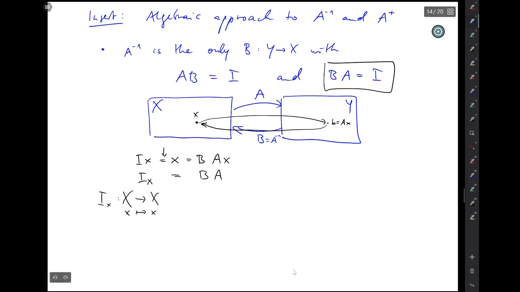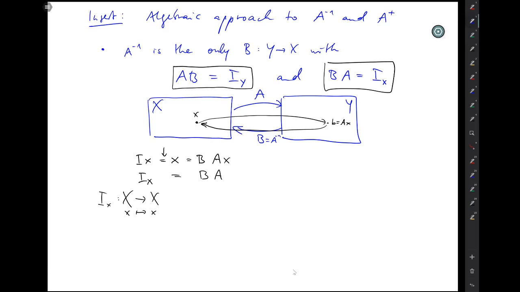So to be precise, we should put a little capital X down here, whereas we have to put a little capital Y down here because this is playing on the other side. That's how you can understand the inverse. It is the operator that will undo what A has done. Well, not too surprising, I guess.